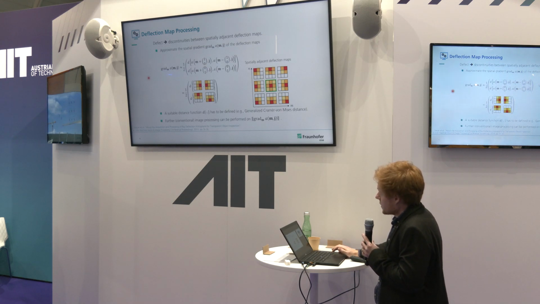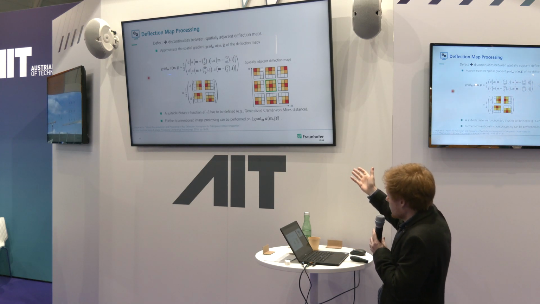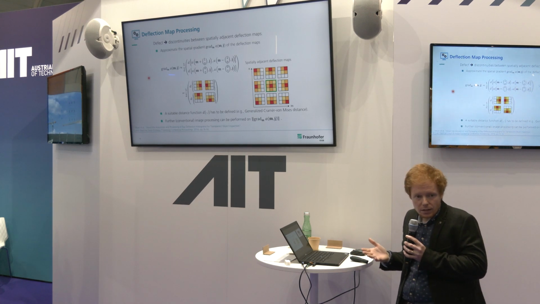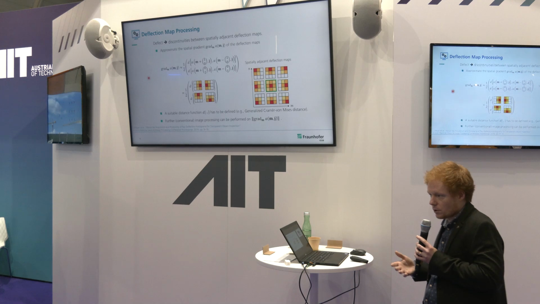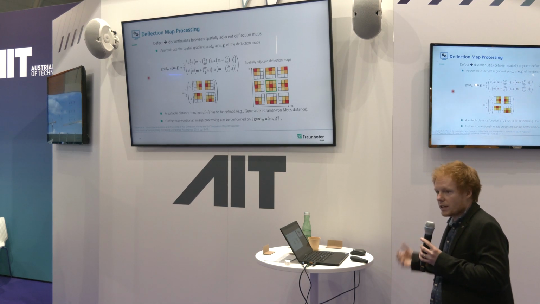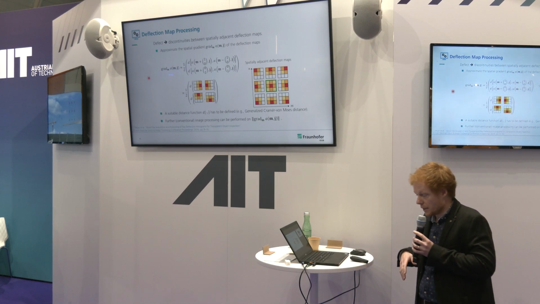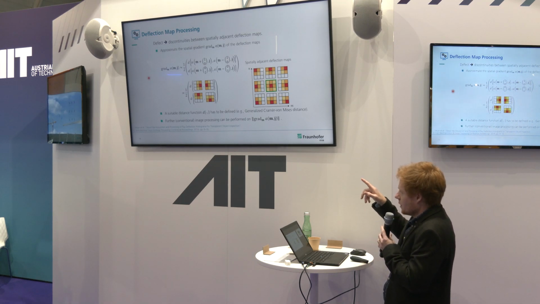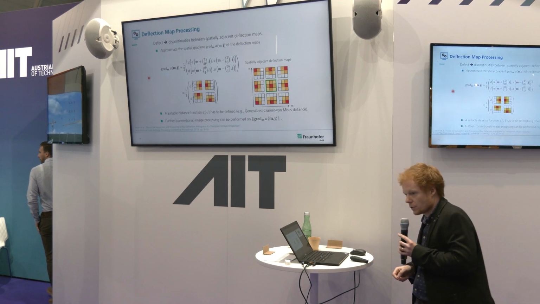Afterwards, we can, for example, calculate a norm on this gradient. Then we have a scalar valued image again, and we can continue with all the traditional image processing, machine learning, and so on. We did a lot of research concerning finding suitable distance functions for this purpose.